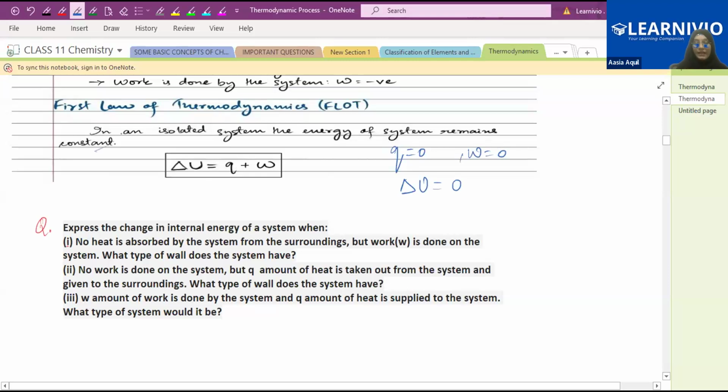It's again important. You know very well why it remains constant: because it's an isolated system. The exchange of heat is 0, and the work done is again 0.